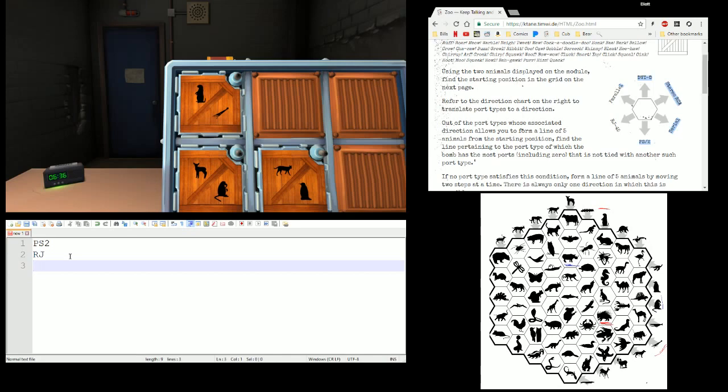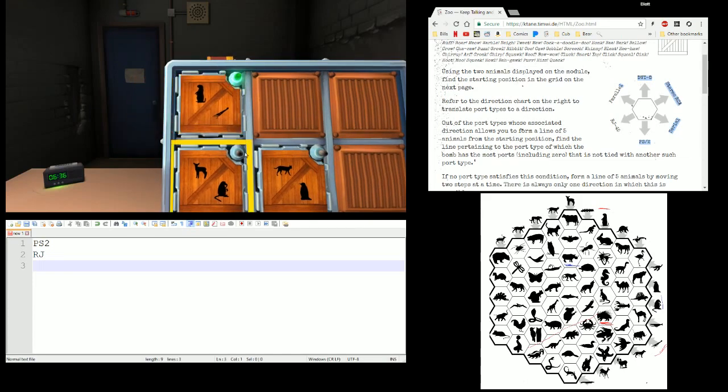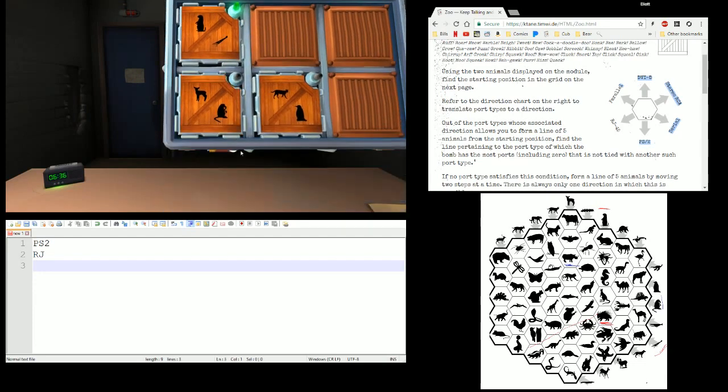So RJ has the highest unique amount. So we're going that way, down and to the right. That gives us a line of porcupine, crab, triceratops, long-necked dinosaur, skunk. I think I was a little close on time on that one.